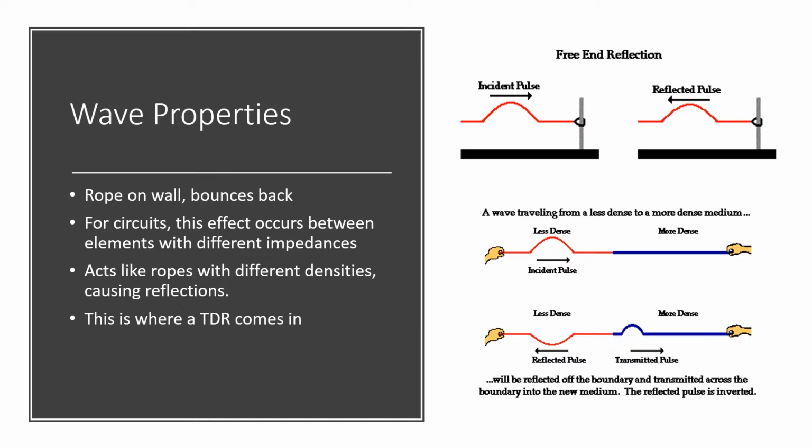For circuits, this effect occurs between elements with different impedances, and it will act like ropes with different densities that are connected together, like in the bottom right picture, where when a pulse is sent along and it hits a more dense section of rope, a secondary smaller pulse continues on, but a reflection gets sent back. And whether or not it's a positive or a negative reflection depends upon the difference in impedances. This effect is where a TDR comes into play.